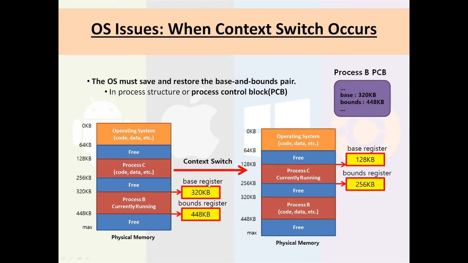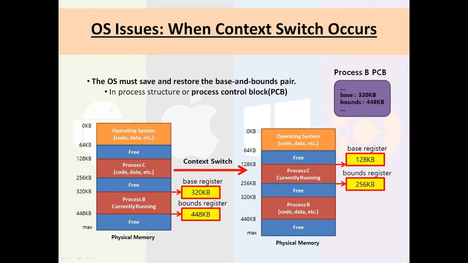Its base register, within the CPU, has the value 320 and its bound register has the value 448. Then all of a sudden a context switch occurs for whatever reason, and it wants to switch between process B and process C. Well, these base and bounds registers are then stored in the PCB when that saved state is stored, right? It's part of the saved state, these variables.